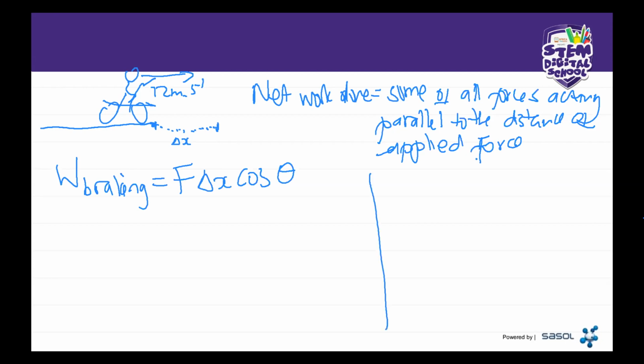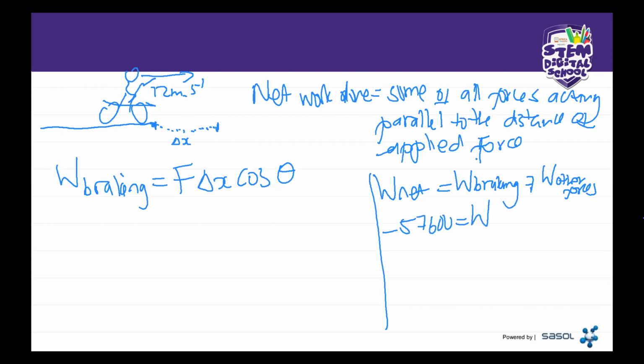And like we said, remember I said net work is equal to work braking plus work of other forces. So here it's going to be minus 57,600 equals work of braking, and other forces is going to be 0. So work braking is going to be equal to minus 57,600.